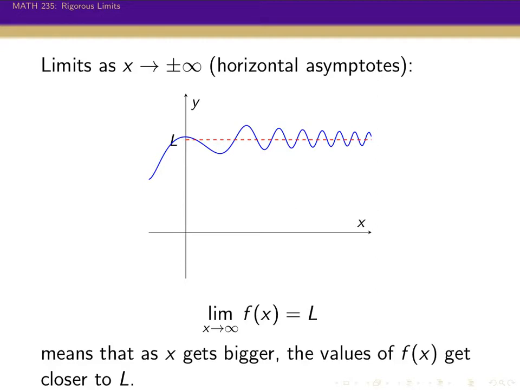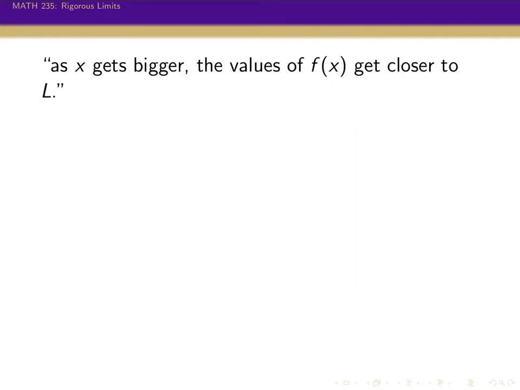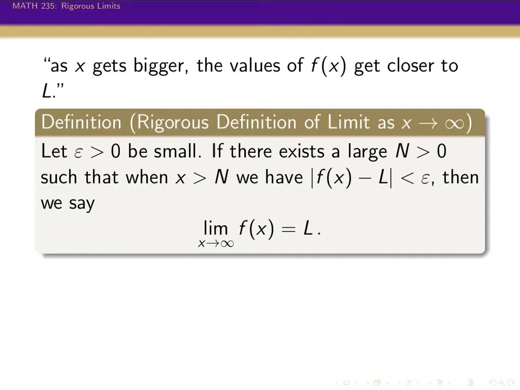Well, how are we going to make this definition more rigorous as we've done in the other ones? So now we have f of x getting closer to L. Same as before, we can use an epsilon for that. But now we're talking about x getting bigger rather than f of x getting bigger. So again, the key part of the definition is x gets bigger, the values of f of x get closer to L. So here's our definition. Since we want f of x to get close to L, we're going to use epsilon to measure that distance.